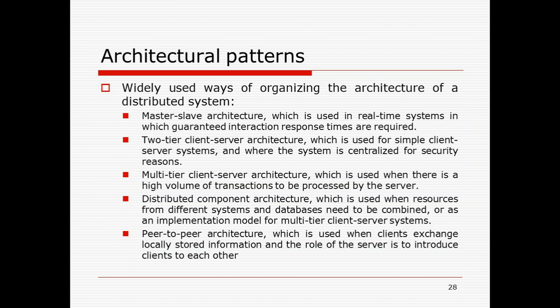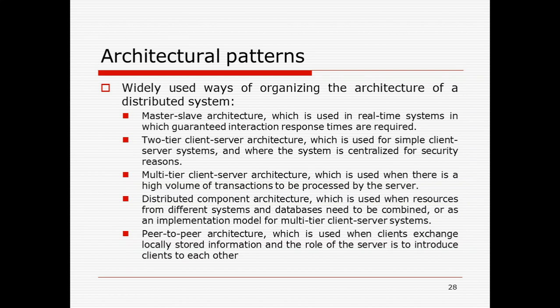So, the widely used architectures in distributed software engineering are the master-slave architecture, two-tier client-server architecture, multi-tier client-server architecture, distributed component architecture, and peer-to-peer architecture.